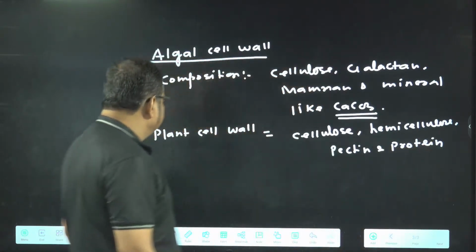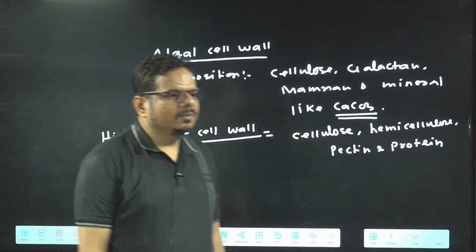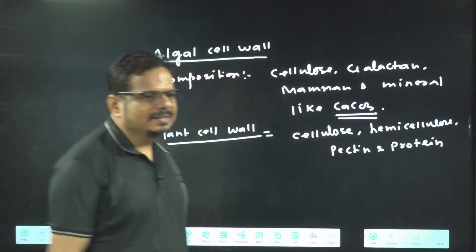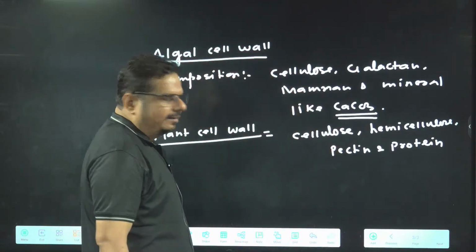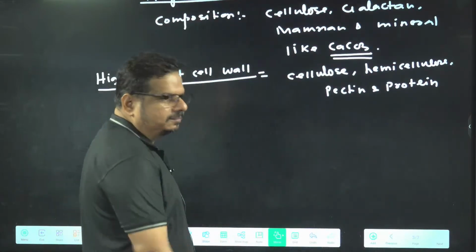Able to understand? These are the compositions of the higher plant cell wall and the algal cell wall. Now we are going to talk more about the cell wall.